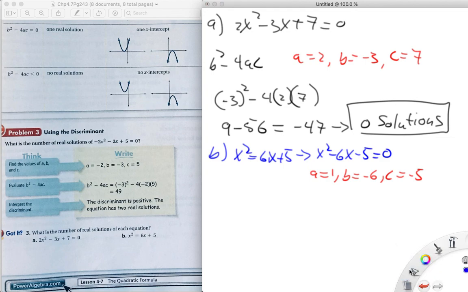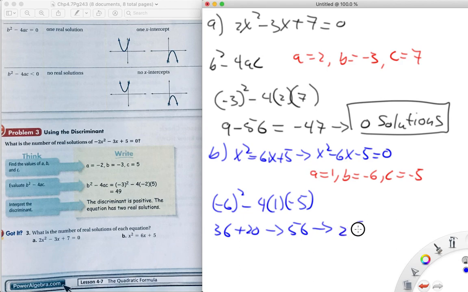So when I plug this in, it's going to be -6 squared minus 4 times 1 times -5, 36 plus 20, which is 56, and it's positive, so I have two solutions.